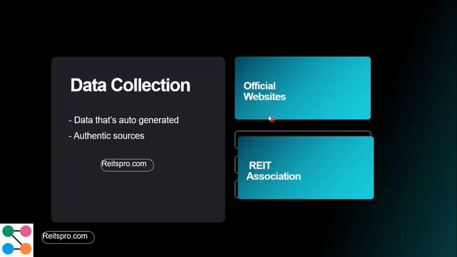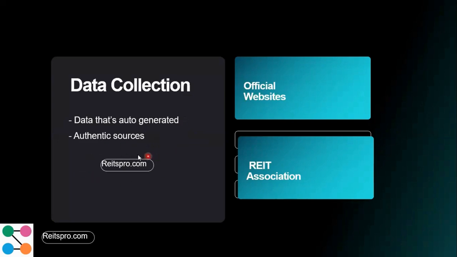And how do you collect the data for doing all your analysis? The data that's auto-generated, which you see on a lot of sites, which is algo-generated, I would suggest that please don't use that data, because the parameters are different. In the case of REITs and InvITs, you will be thrown off in your understanding if you rely too much on the ratios and the data that you get. Please use authentic sources.